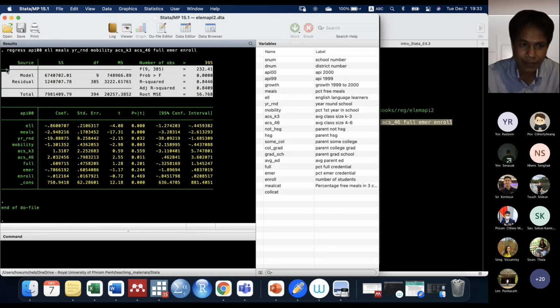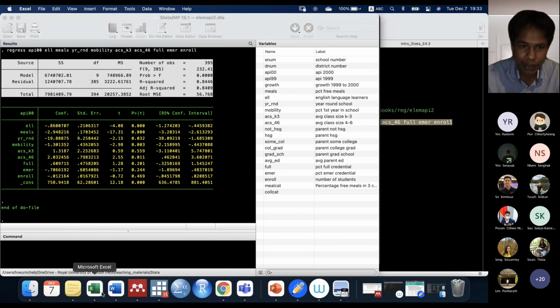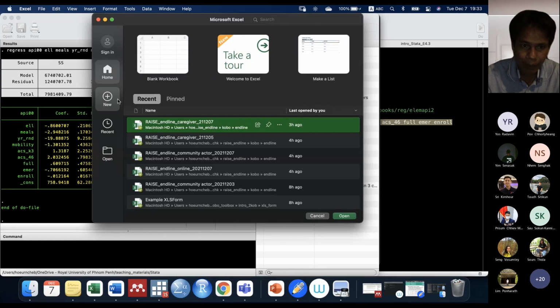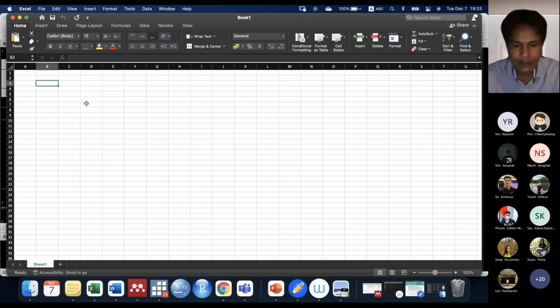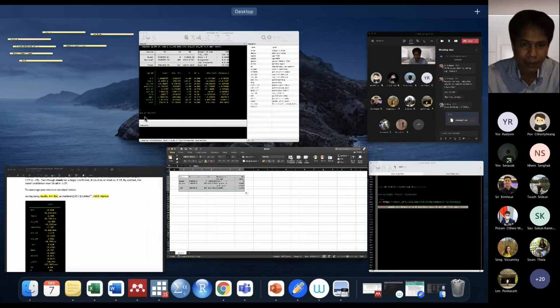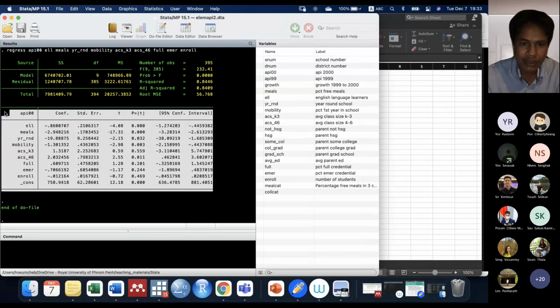For instance, I have to copy and paste it into Excel. Here, as you can see, I copy the table. Then I move to Excel. I open it, all right? I paste it here one by one. I paste the first part. Then I scroll down. I paste the second part.